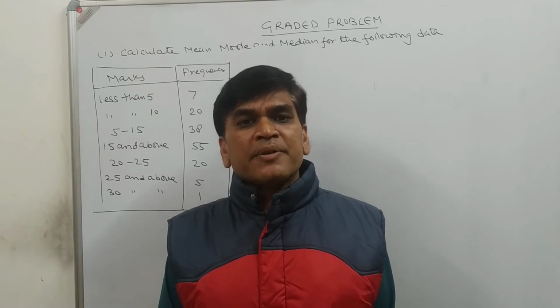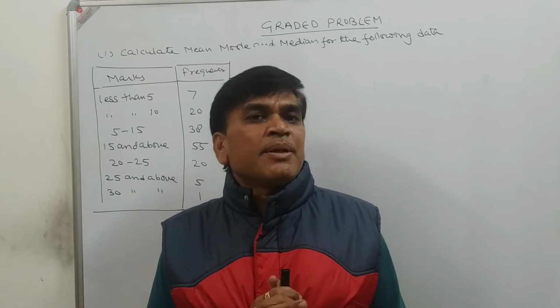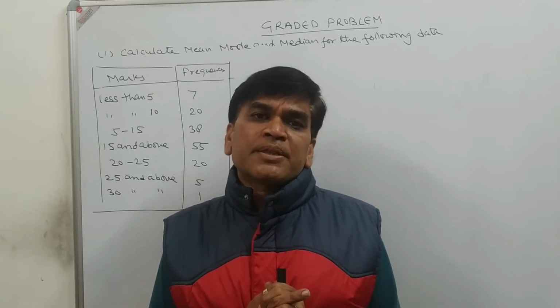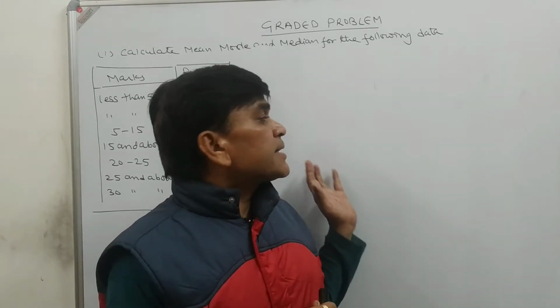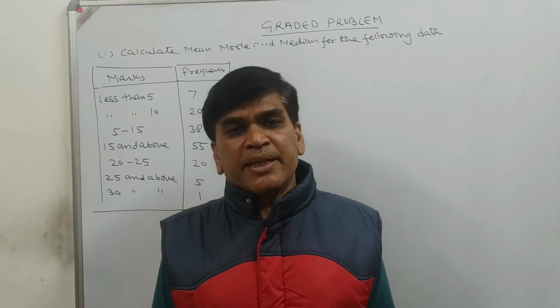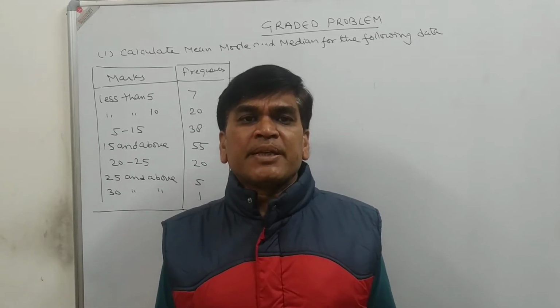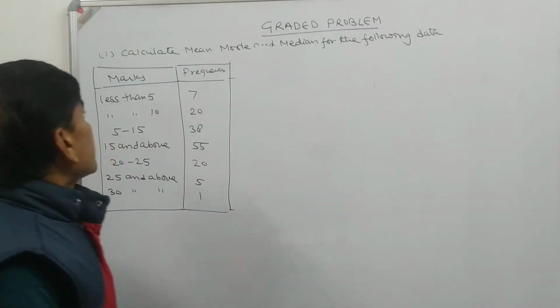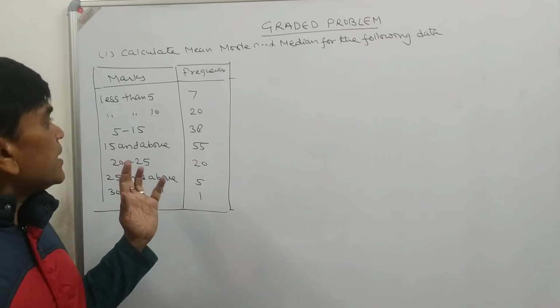So I have taken a graded problem where the series may be in a different way. The very first thing we should do is arrange the series in the right way, and then if we solve the problem our answer will be right. So I have taken the problem where marks are given as less than and more than in the same series.